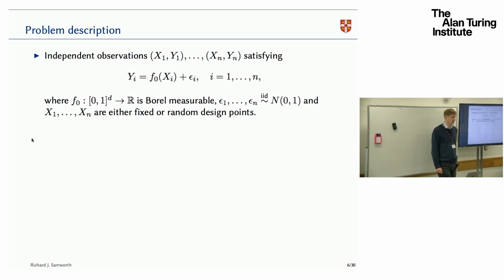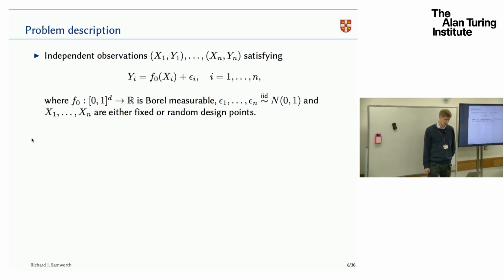Our covariate X_i takes values in [0,1]^d, and our response Y_i is real valued. I'll think of this simple regression model where we can write Y_i as f_0 of X_i plus some error epsilon_i. For simplicity, throughout this talk, I'll just think of my errors as having a standard Gaussian distribution. That's an assumption that could certainly be weakened, but it's not really the main focus of this talk.